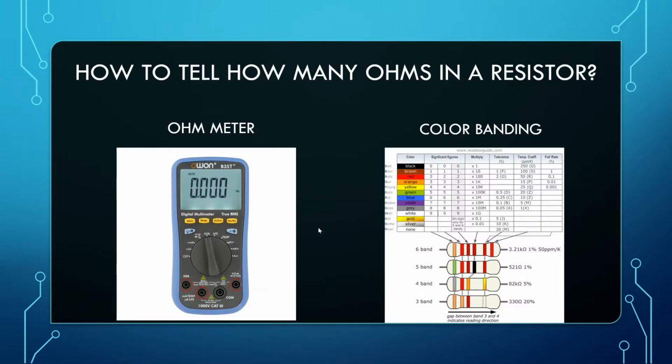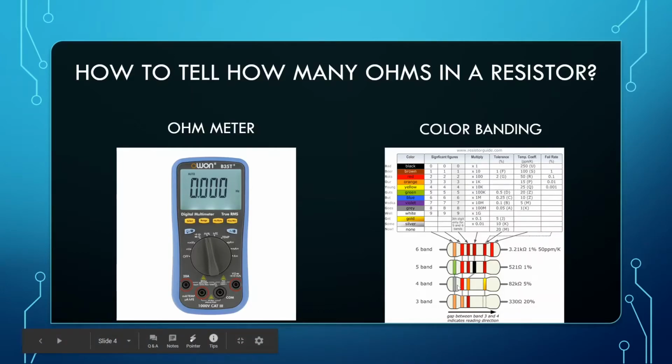So how do you tell how many ohms are in the resistor? You can either use an ohm meter or color banding. For color banding, let's do 4-band for example. The first two bands are basically significant figures, and then you multiply these two by this band.